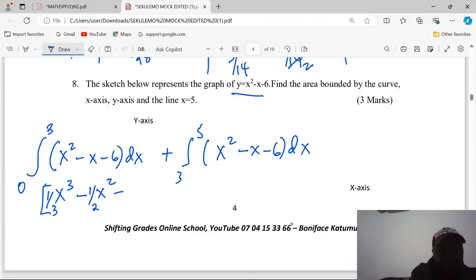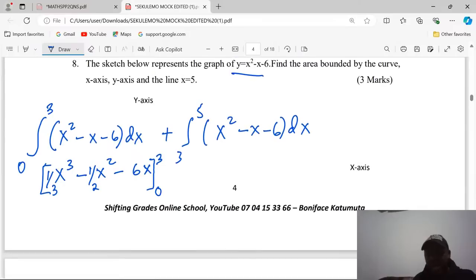Then minus 6 has x power 0, so x power 1 is introduced, and when 1 divides, 6 will remain the way it is. The other one will be a constant, and it will disappear because of the subtraction. Remember, this is a definite integral from 0 to 3. Actually, we can finish up with the first area.